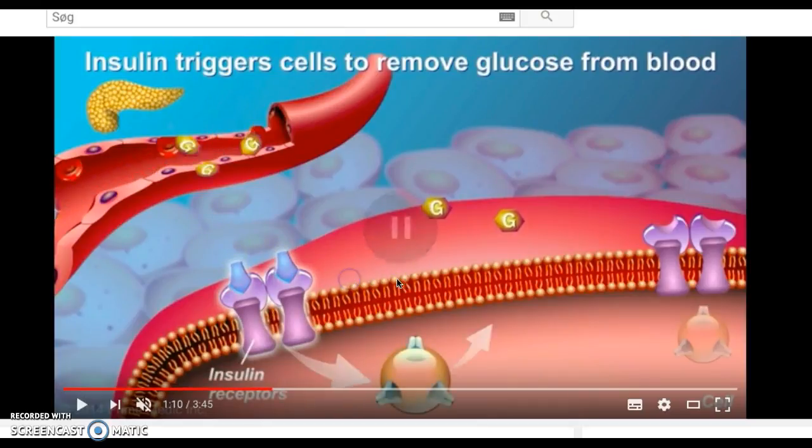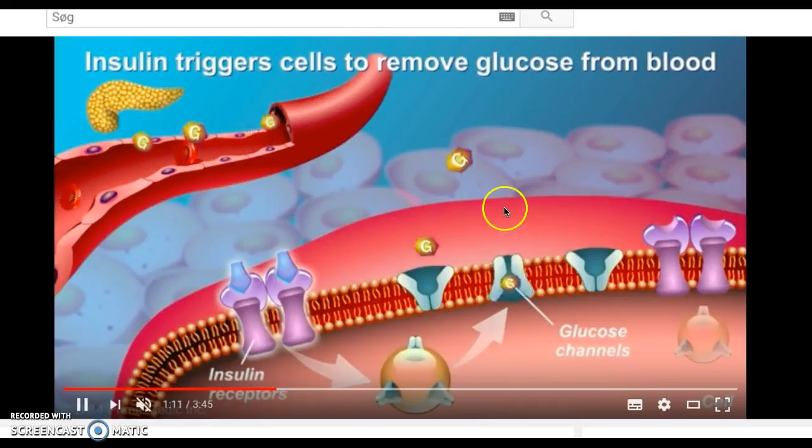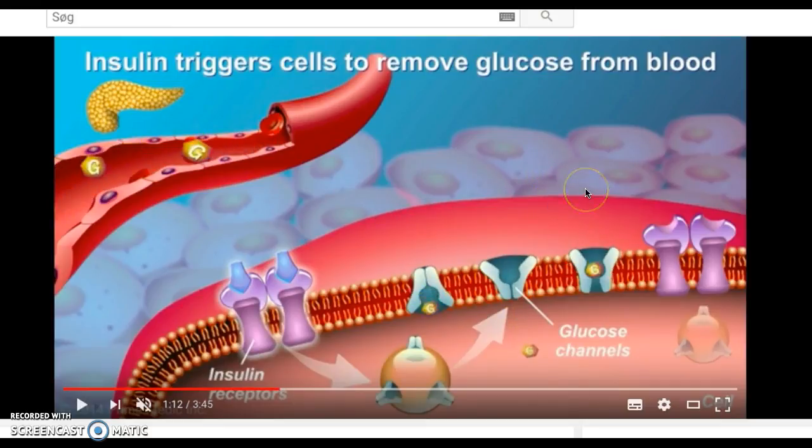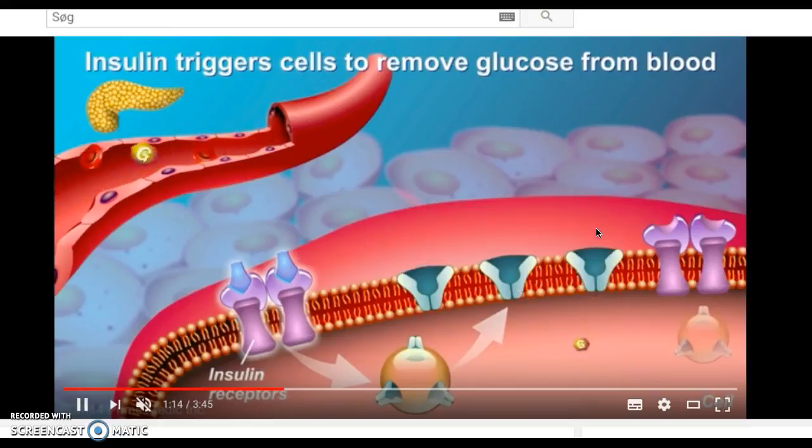When they bind, this causes the glucose channels to open. And the glucose is transported by some transporters called GLUT4. When they're transported into the cells, the muscle cells can burn the glucose for energy or store the glucose for later as energy as well. When the glucose is allowed into the cell, the blood sugar will fall again. And this is how a normal blood sugar is regulated.